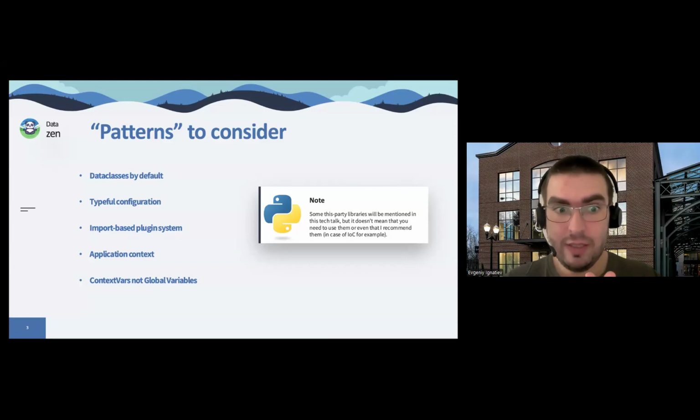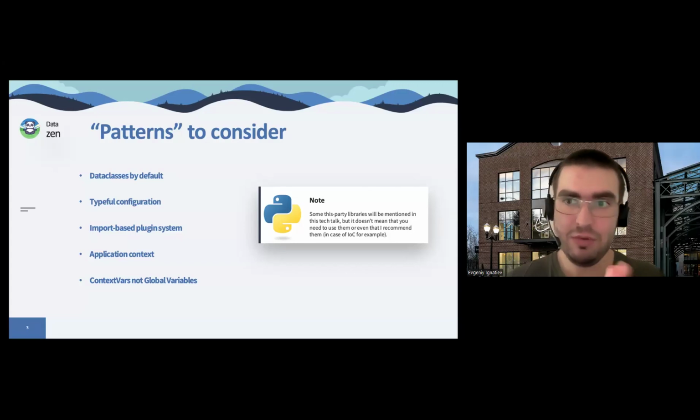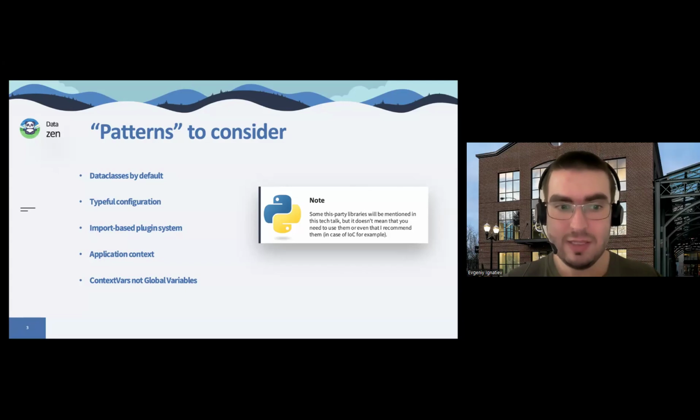Next, application context and a bit about its relation to inversion of control and dependency injection principles. And next, something very practical that for some reason is not very used in Python projects. Hopefully, this will be used more: context variables, contextvars, instead of global variables.